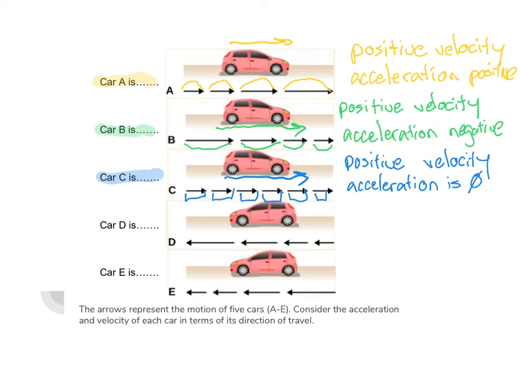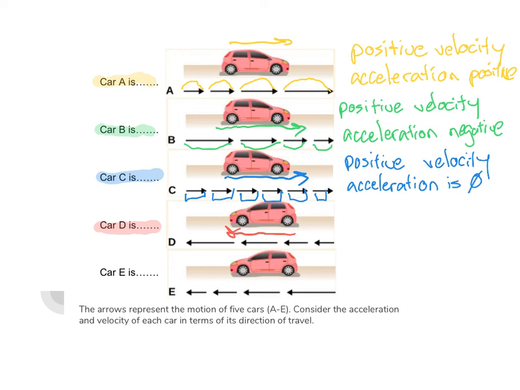Okay, let's go on to car D. How would you describe car D's velocity? And how would you describe its acceleration? All right, so car D is moving in the opposite direction.